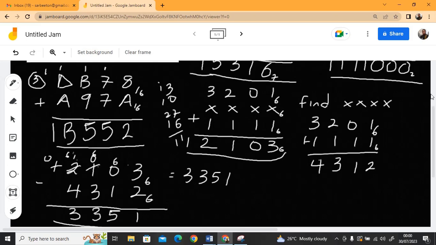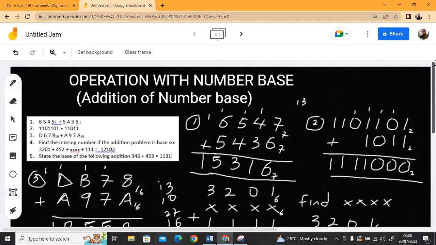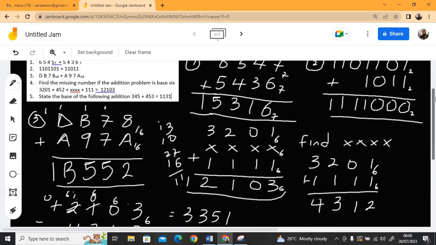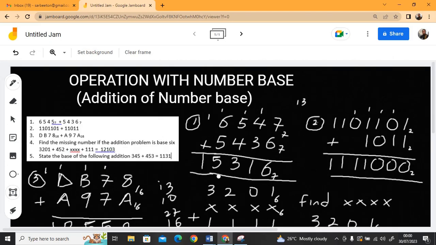Now let's look at the next one. You are asked to state the base for the following: 3, 4, 5 plus 5, 4, 3. Let me clean this side so that we are not stressing ourselves. I hope you've copied this or put this down.